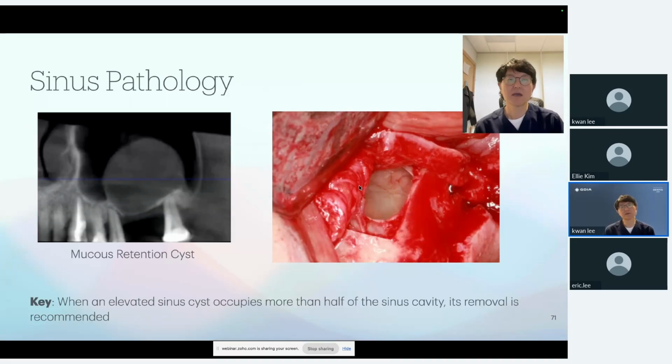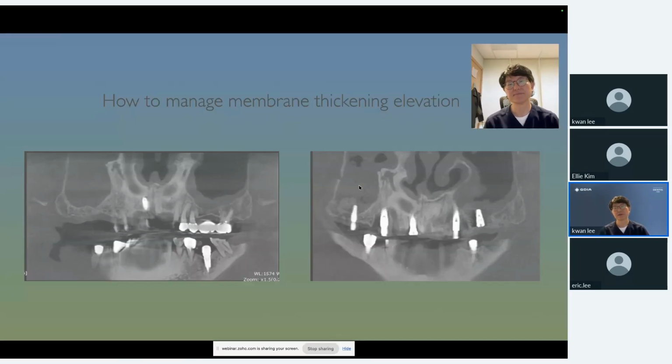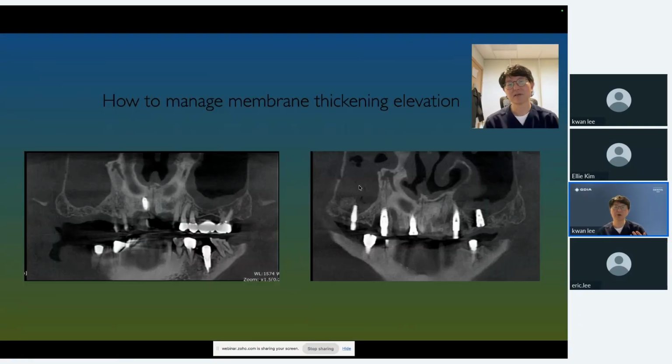And we're also going to cover some sinus pathology. In the presence of sinus pathology, can I use these techniques? Yes or no? It depends on how comfortable you are. So we're also going to cover how to manage those kinds of situations. And we're going to show you how to do the case when you have membrane thickening.